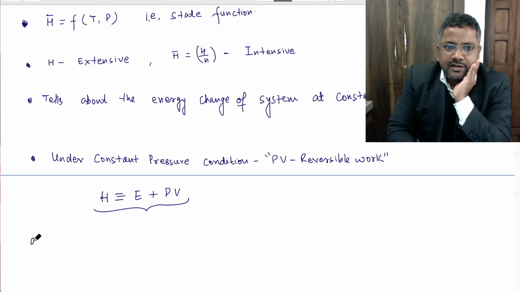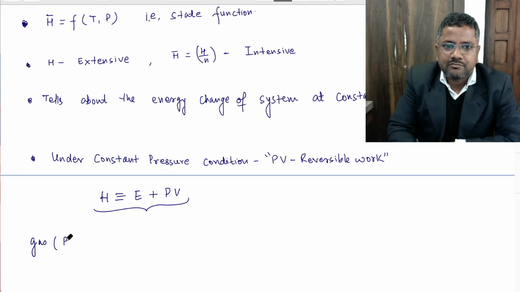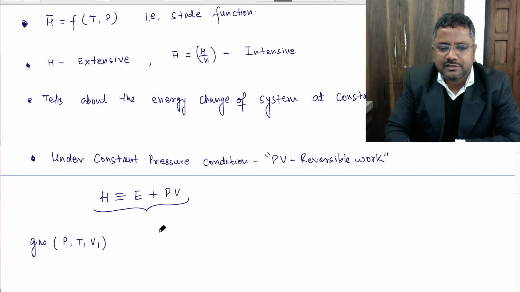So if you take a gas like this, with pressure P, temperature T1, volume V1, right?